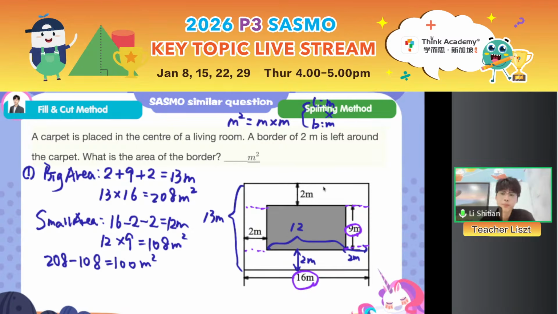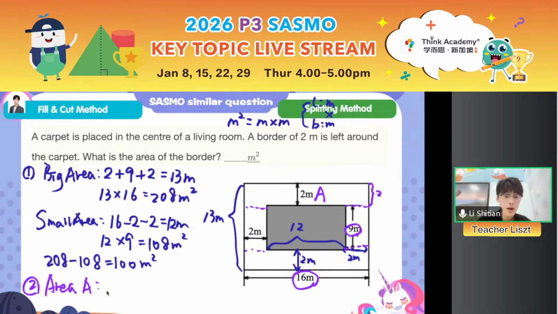Okay, so now what is the area of rectangle A here? We know the length of it, it is 16, right? What about the breadth? The question tells us it is 2 meters, right? So we know the breadth, we know the length. Can you guys find out the area of A?